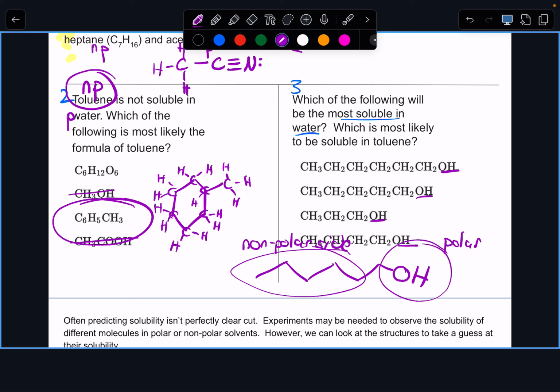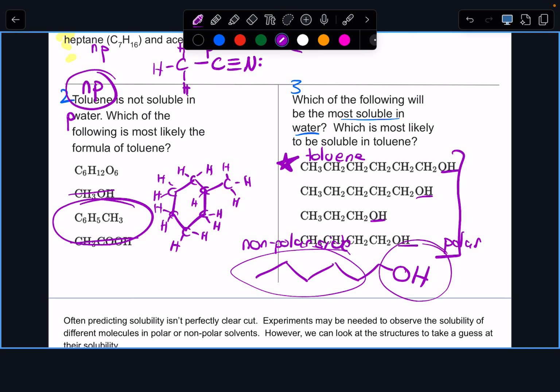And the more chain there is, the more likely you're going to be able to attract things that are nonpolar. So when we look at these groupings, this one, because it has the longest chain, is most likely to be soluble in toluene. Is it actually going to be soluble in toluene? Maybe slightly soluble. But of all of those, that one's the most likely, simply because it has more of those carbons and hydrogens.